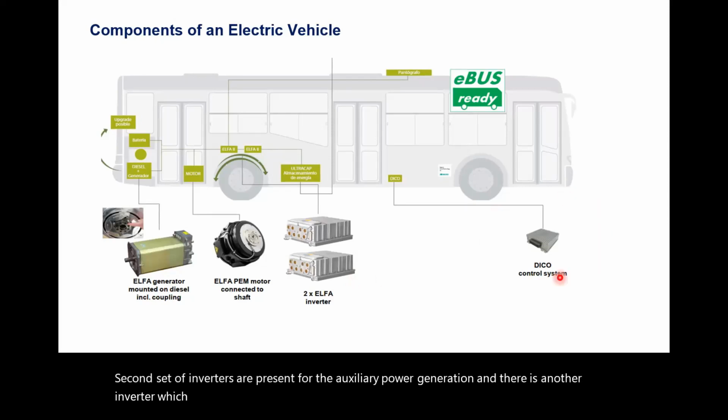Then there is another block over here. This is DICO, that is basically the inverter and the EVCU, the electronic vehicle control unit. Sometimes this particular block is mounted separately, or sometimes the hardware of this particular block is integrated inside the alpha converter.